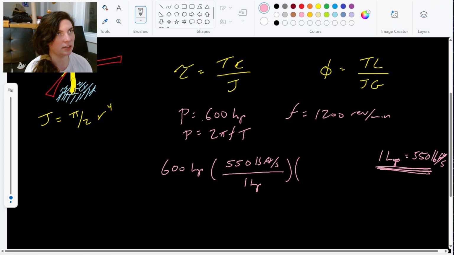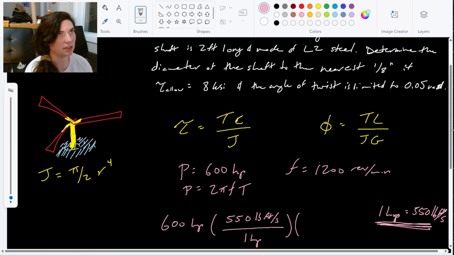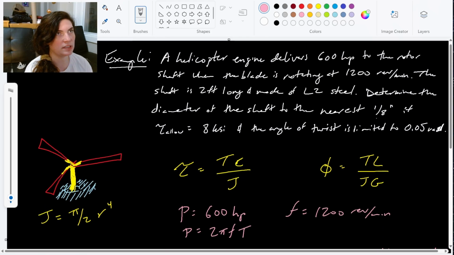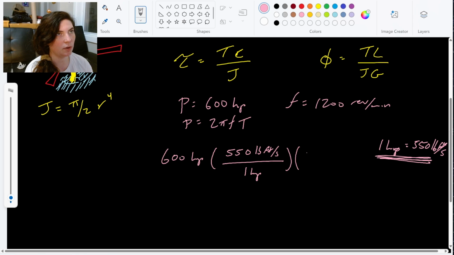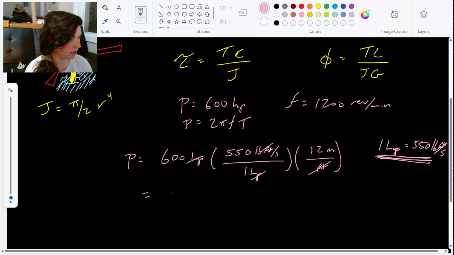I also probably want to convert to inches, because I want the answer to the nearest 1/8 inch, and my allowable shear stress is in ksi, so I don't want to leave this in feet. 12 inches per foot gets my units to cancel out.